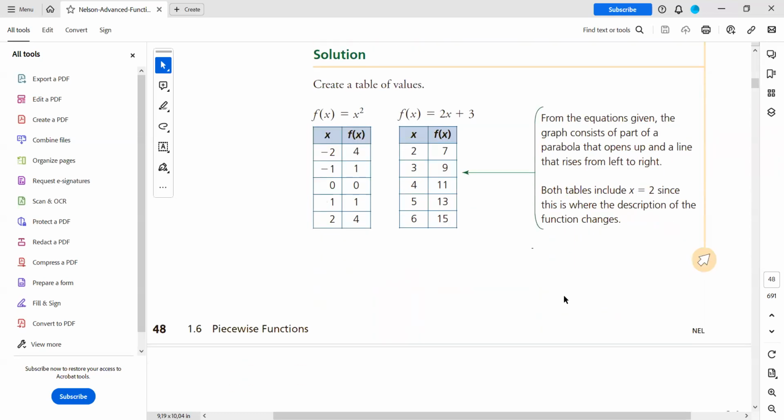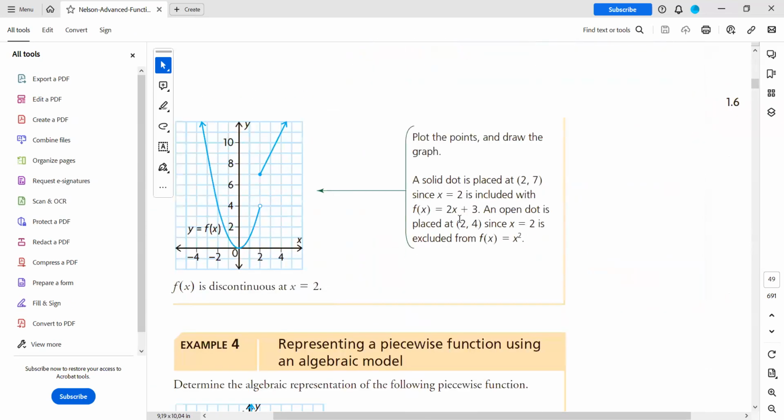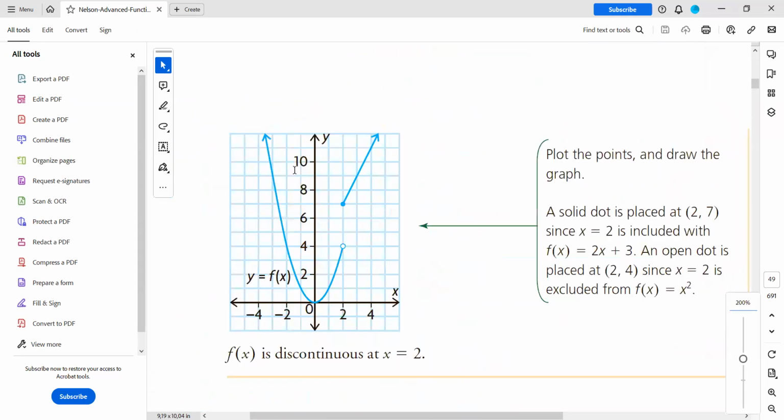Now we have tables of values for both pieces of our piecewise function. Using that, you can sketch a graph that's going to look like this. Before x equals 2, we're going to have a parabola. Right after x equals 2, we're going to have a dot discontinuity.